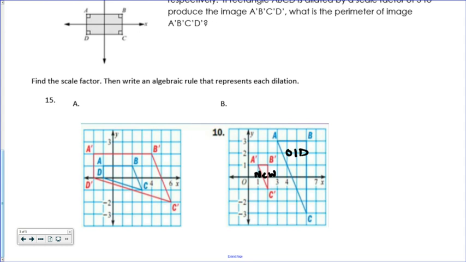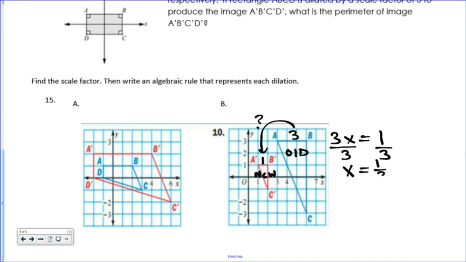Okay, so you're trying to decide, how do I get from my old one to my new one? So you can set that up. I'm going to use AB. You can use AB or you can use BC. Either of those would give you a nice relationship. So AB on your original figure is 3. AB on your new image is 1. So how do I get from 3 to 1? 3 times something is going to get me to 1. Divide by 3.